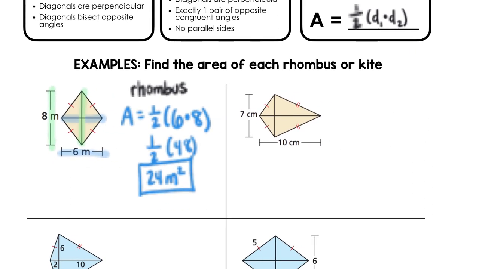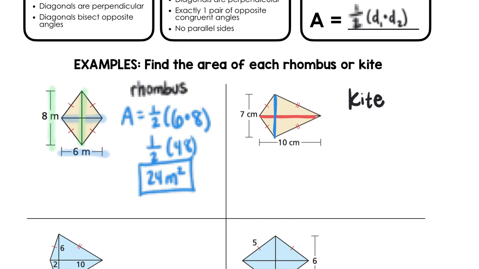The next shape that we see is a kite. It has consecutive congruent sides, but it doesn't have 4 congruent sides. The area formula is the same for a kite. So they do give us both of the diagonals. Again, this one would be 10, the horizontal one. This vertical one would be 7. So we're just going to plug into the formula.